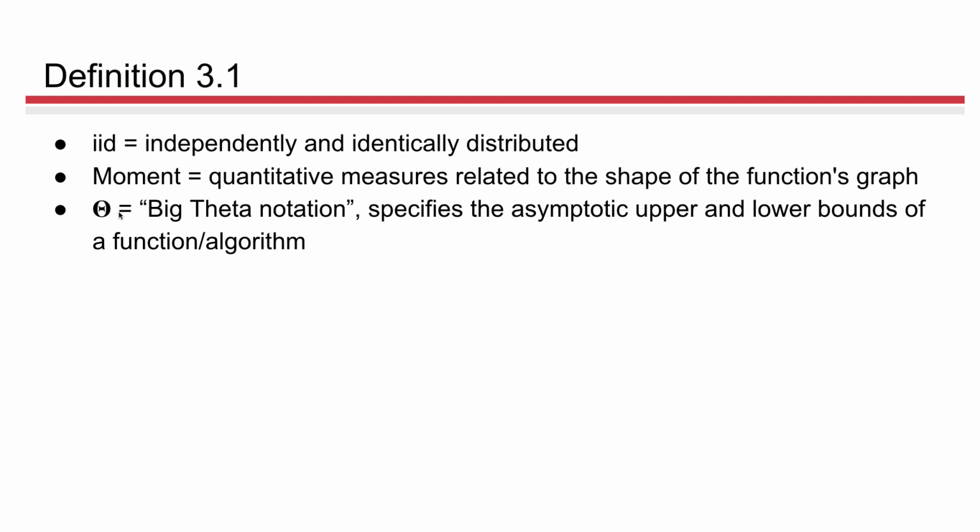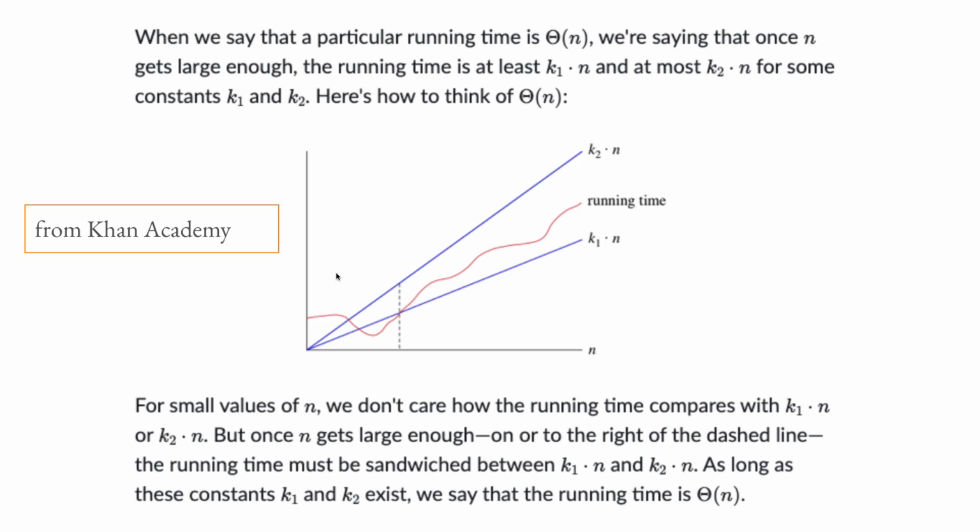And then big Theta notation specifies the asymptotic upper and lower bounds of a function or algorithm. So I looked this up on Khan Academy, and they say that when we say that a particular running time is Theta(n), we're saying that once n gets large enough, the running time is at least k1 times n and at most k2 times n for some constants k1 and k2.